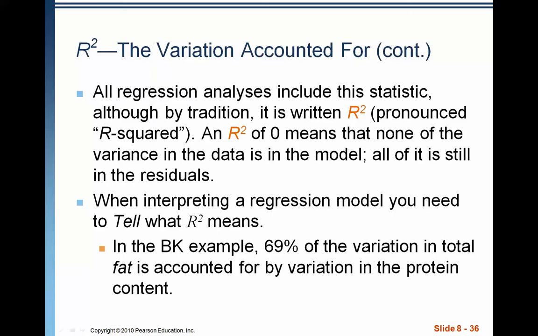Okay, so when we're interpreting a regression model, we do need to say what the R-squared means. Traditionally, it's a statement that looks like this. The R-squared was 69%, so 69% of the variation in total fat is accounted for by variation in the protein content. You can memorize that sentence, and in general, you can use this sentence anywhere on your AP exam.